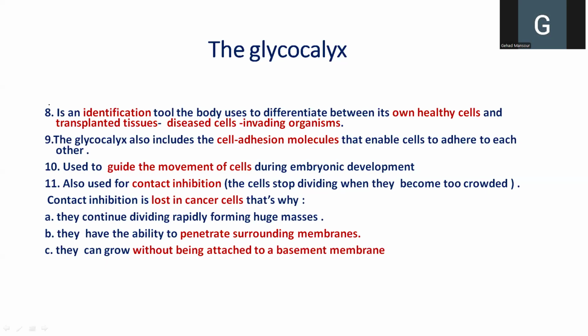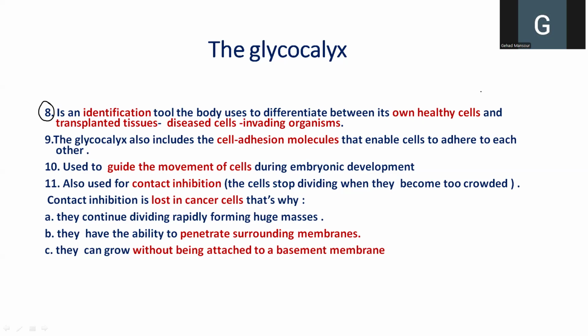Another important function, here written number 8 because it comes after the description of the glycocalyx, so it is the eighth bullet point on the slides, but it is the fourth function. Just like the glycocalyx helps identification of cell types, it also helps in distinguishing healthy cells from unhealthy cells, or our own cells from foreign cells.